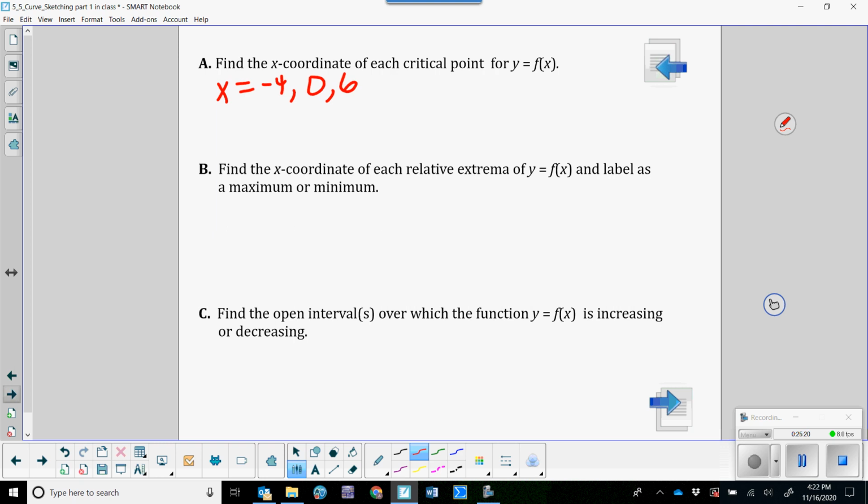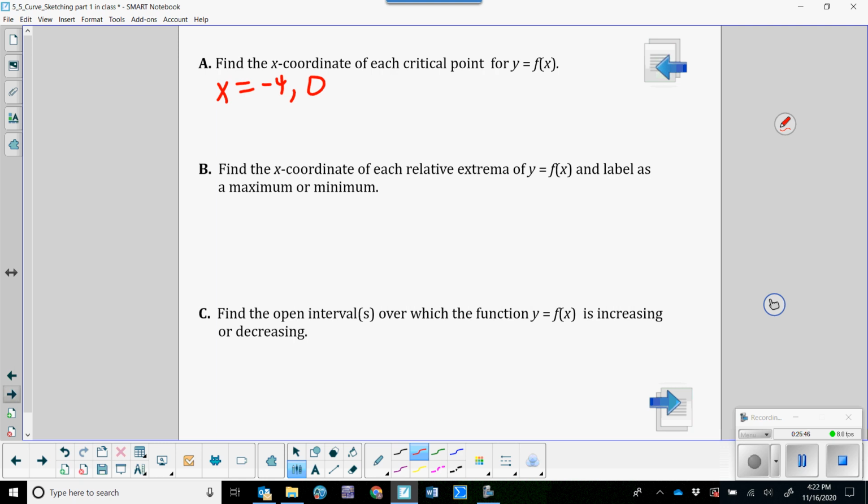Okay, so these are critical points. This is when the first derivative equals 0. We're only supposed to answer the values that are in the open interval, so we're not going to count 6. So 6 is not going to be a critical point, which makes sense, right, because it's an endpoint, so you can't change from positive to negative or vice versa on an endpoint because there's not another side.